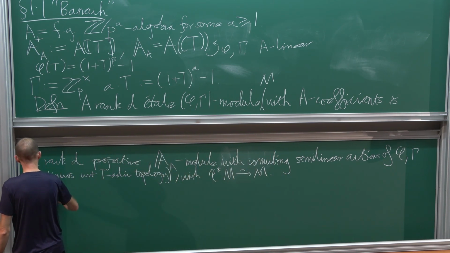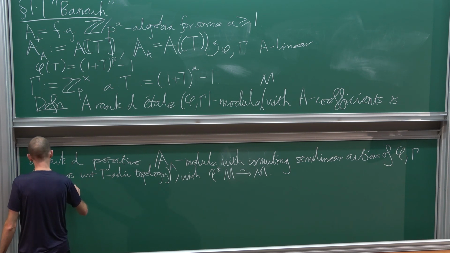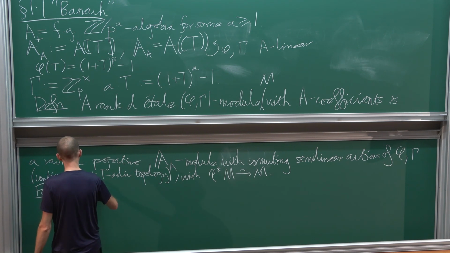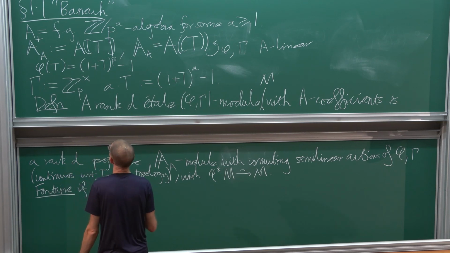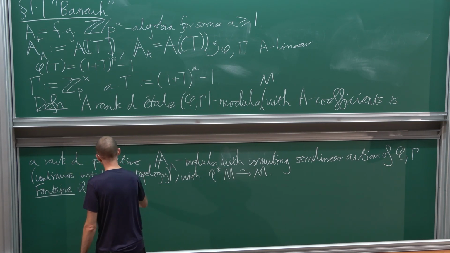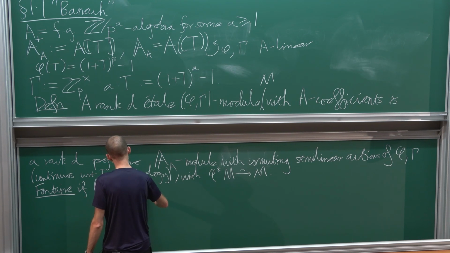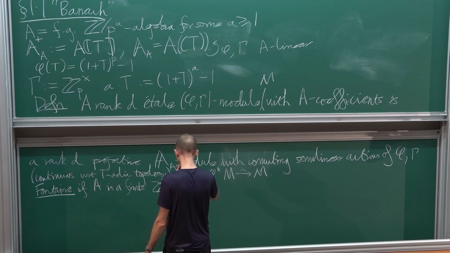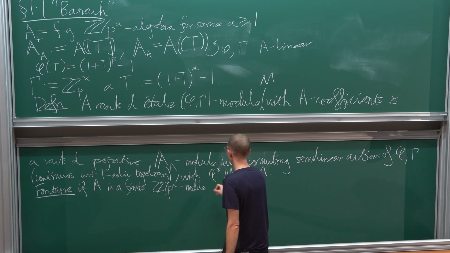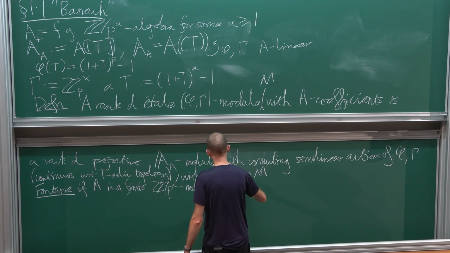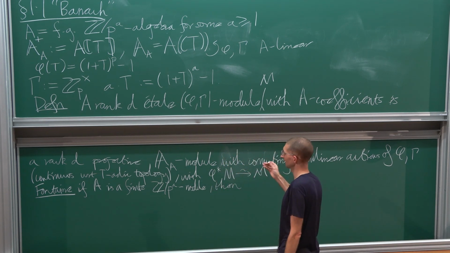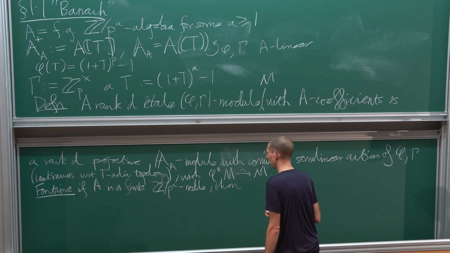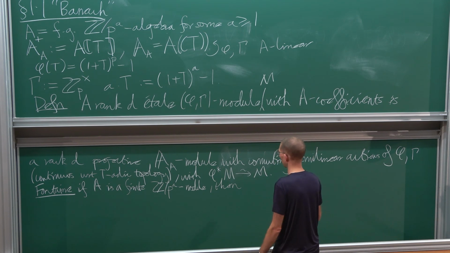So Fontaine showed that if A is literally a finite module, finite over Z mod p to the a, I mean, it's an algebra, but it's literally, for example, Z mod p to the a, then there's an equivalence of categories between these and rank D representations of the Galois group of Qp.